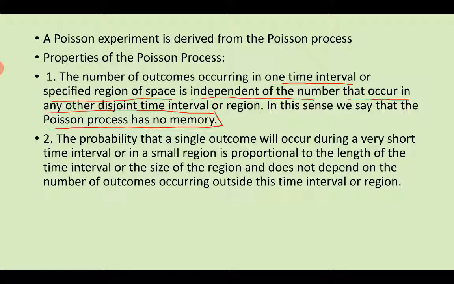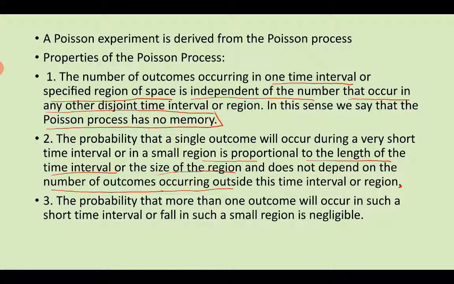The probability that a single outcome will occur during a very short time interval or in a small region is proportional to the length of the time interval, the size of the region, and does not depend on the number of outcomes occurring outside this time. So it's depending on the interval, not beyond the interval, time interval or region length.